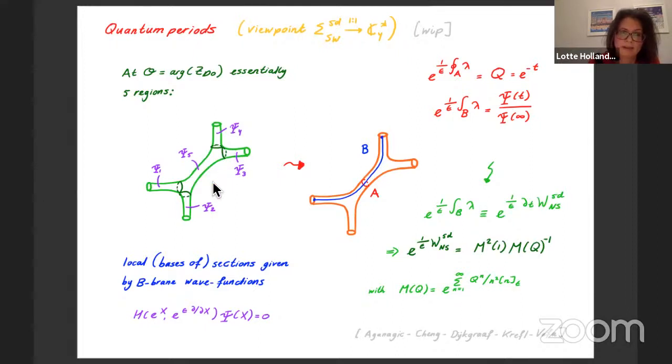So a local basis of sections in this case is given again by vevs of surface operators, or in other words, by B-brane wave functions.